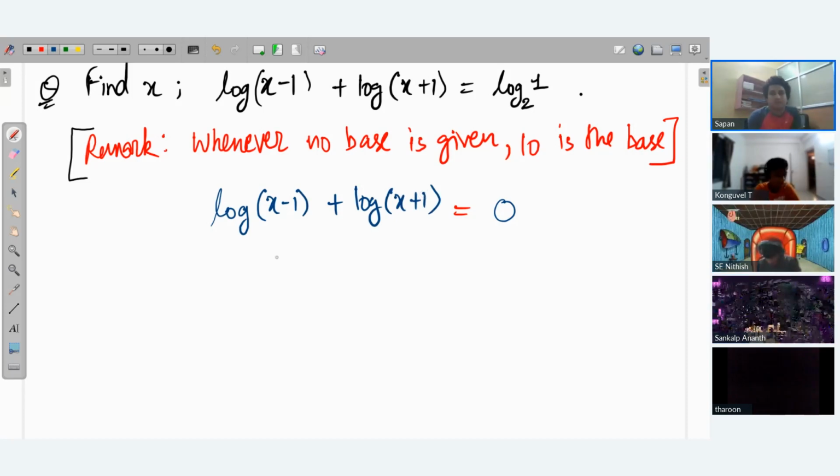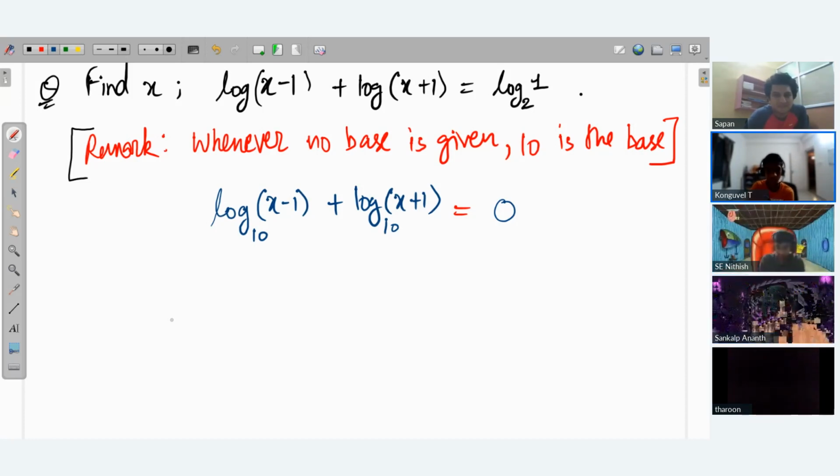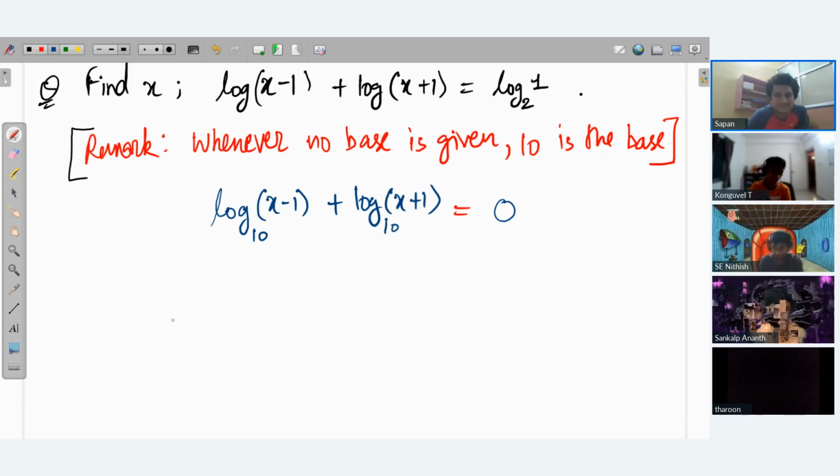Whatever this base 10 is there, now 10 is raised to some power. Sir, x is equal to 1, sir. No, it's not one.